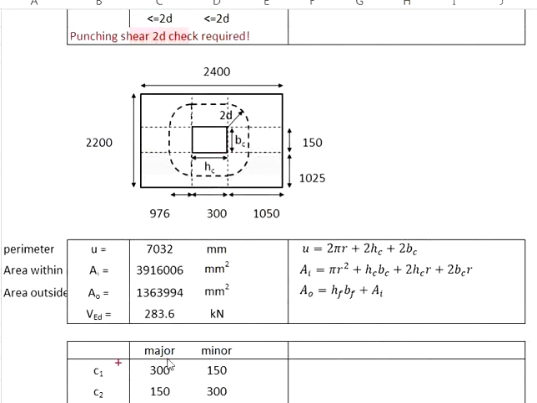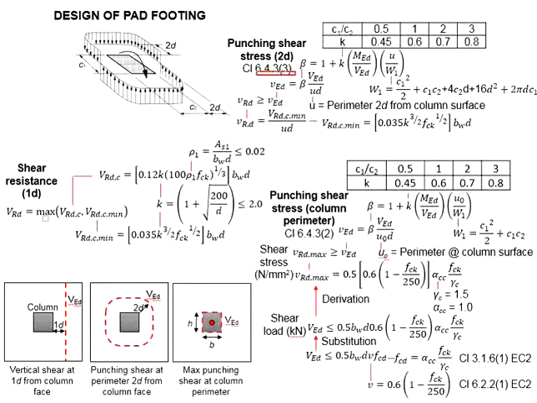You will need to determine the shear force as a result of the punching shear, and this shear force is calculated from the soil pressures acting at these regions, the area of the pad footing outside of this perimeter of 2d, and then this total shear force shall be divided by the shear planes of this 2d perimeter in order to obtain the shear stress as represented by this equation.